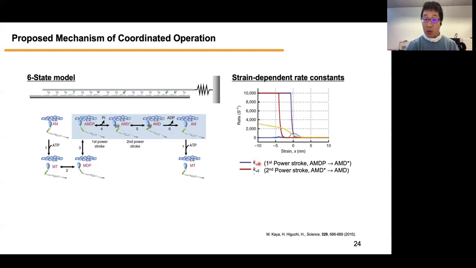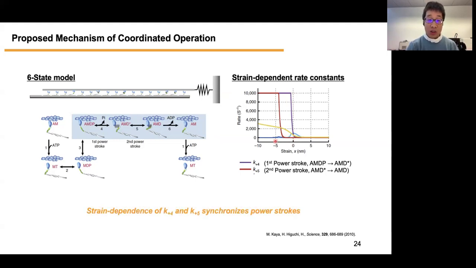So when you look at, for example, K plus 4, when there is no strain, it's very small. But when the strain is negative, meaning when the actin filament is moving from right to left, then these rate constants drastically increase. And it's the same for K plus 5.